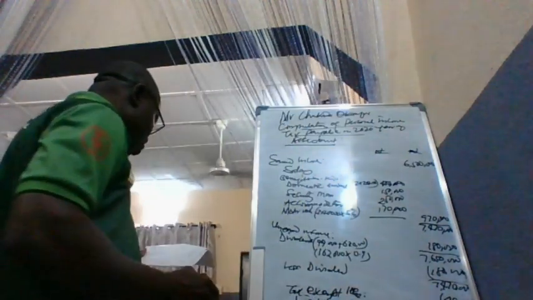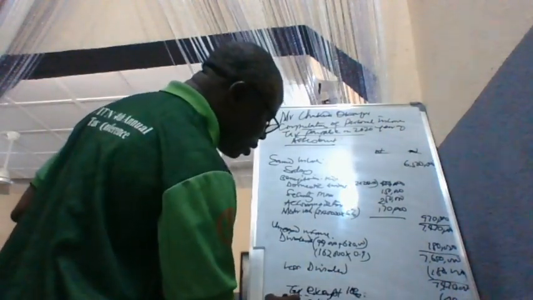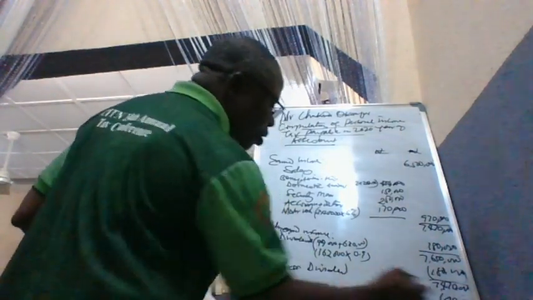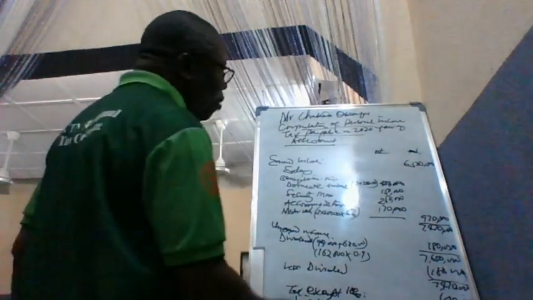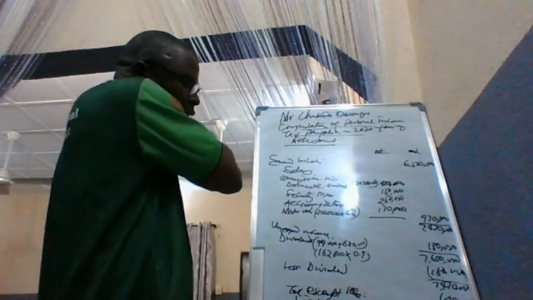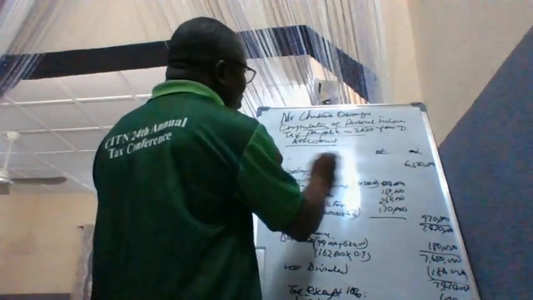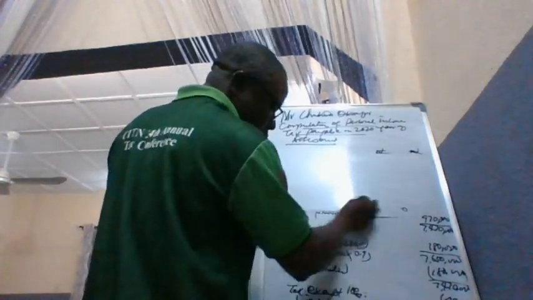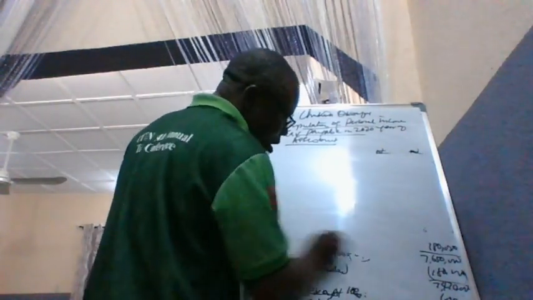And this is now our gross income. Now, because of the limited size of the board, I'm going to bring this gross income up there so that we can tax it, compute the CRA, and then arrive at our chargeable table.